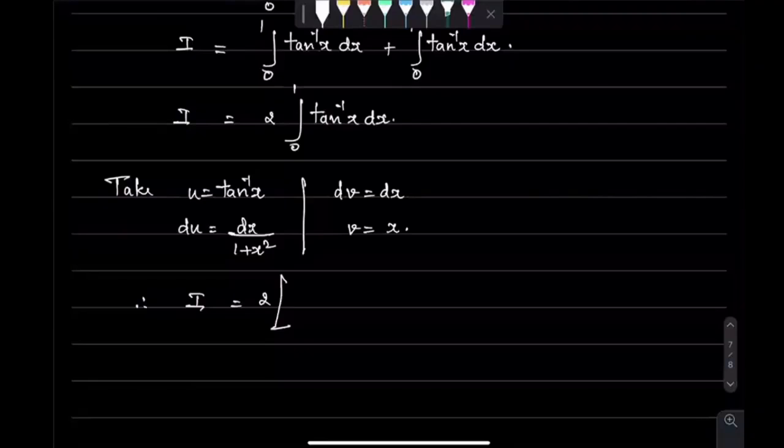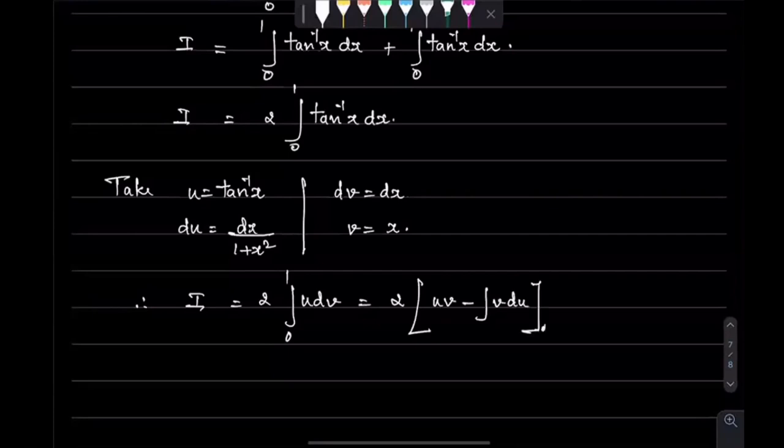Yes, sir. So it is actually of the form, I can take it as 0 to 1 u dv, which is nothing but 2 times of uv minus integral v du. So I'll write it down here for you, 0 to 1.